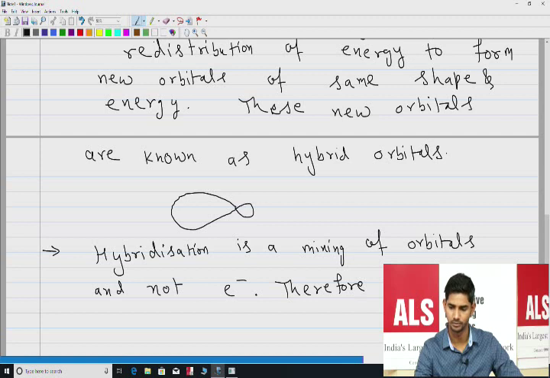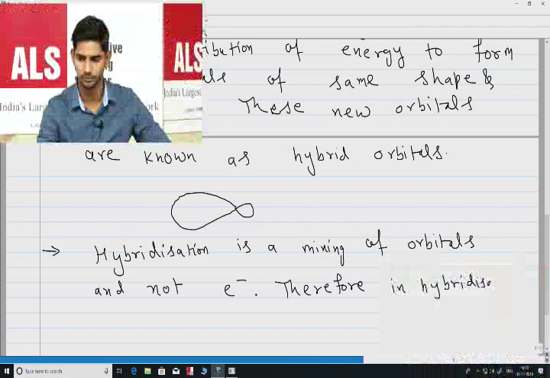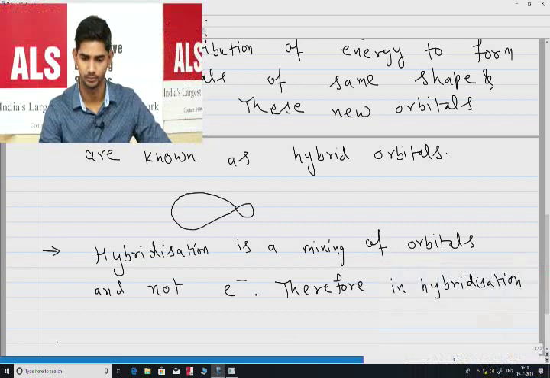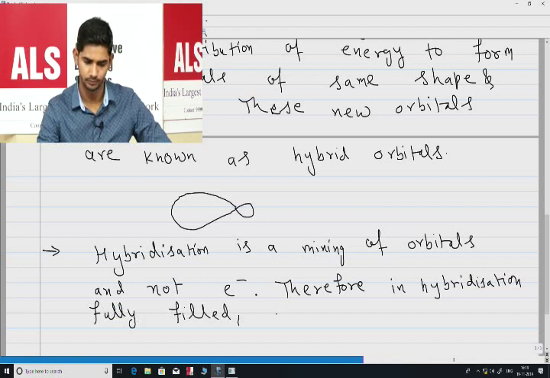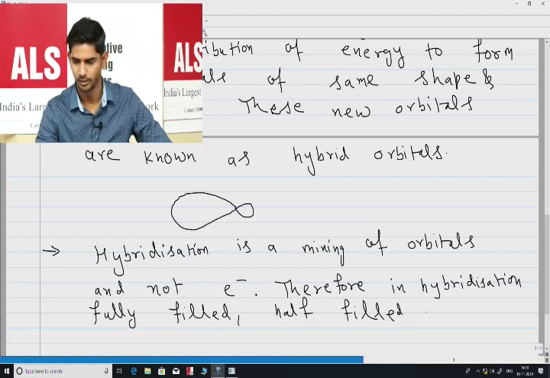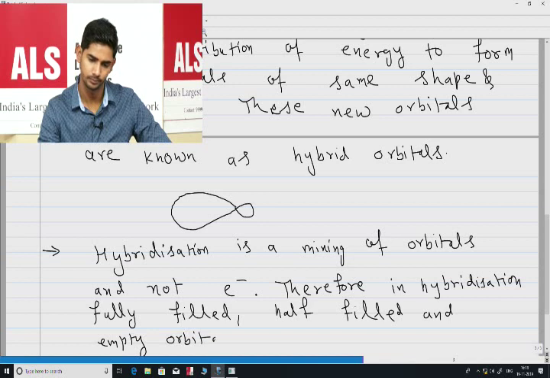Therefore, in hybridization, fully filled, half filled and empty orbitals may take part.